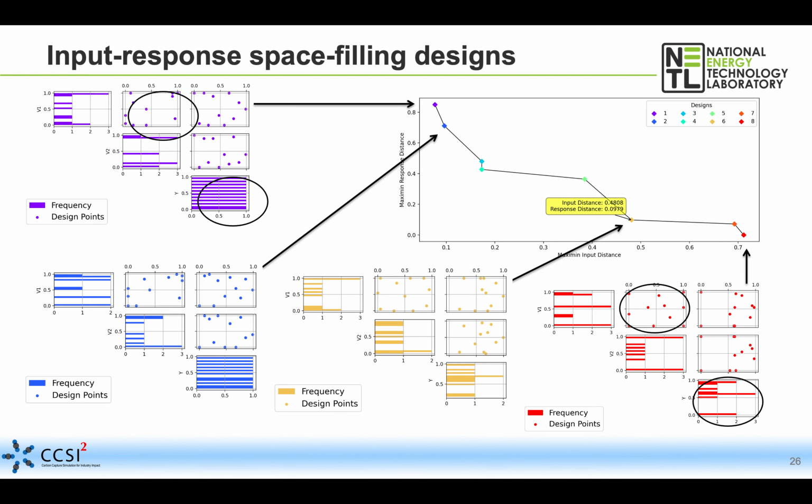On the other hand, in red, at the other end of that spectrum, we have all of the emphasis going into providing space filling properties in the space of the inputs, which means we're not worried about providing space filling properties in the output. So it's this input-output trade-off, and all the designs in the middle along that spectrum just provide different balances of that trade-off. The experimenter can select what balance best suits their experimental needs.